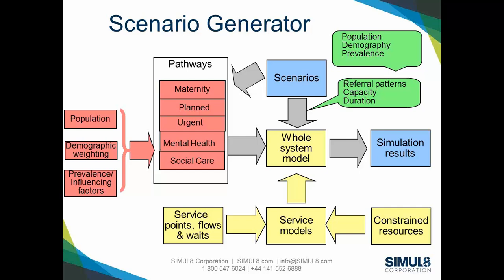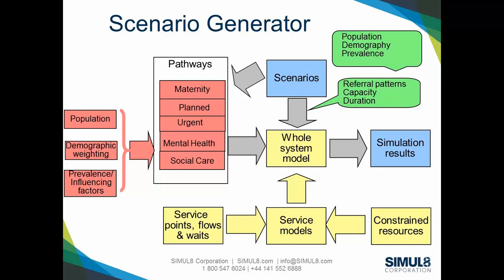In fact, social care is a more recent addition, and the maternity pathway is populated by the female age-banded population and fertility rates. So there's a direct link there between your female population. Mental health is populated by the ICD-10 chapter for mental health, and the rest of the activity is split between planned and urgent care.